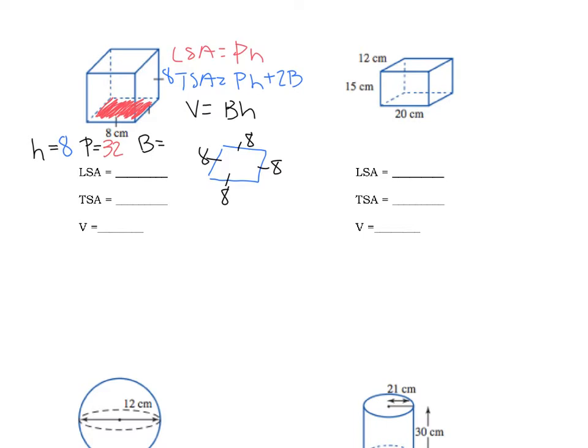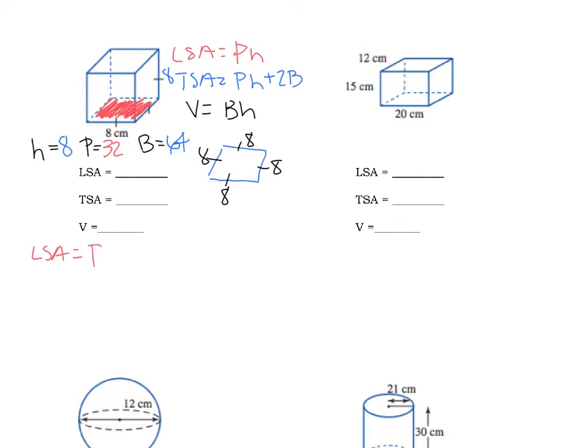Then the area of the base, because it's a square, is base times height, which is 8 times 8, which means the area is 64. Now that I have all that information, I can simply plug it into the formulas. Let's look at lateral surface area first.